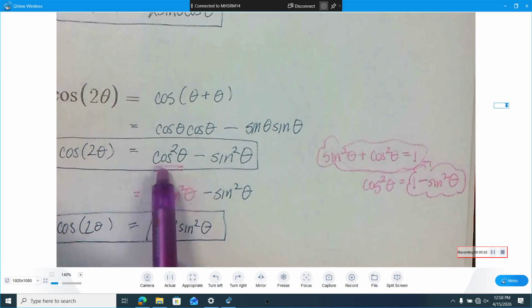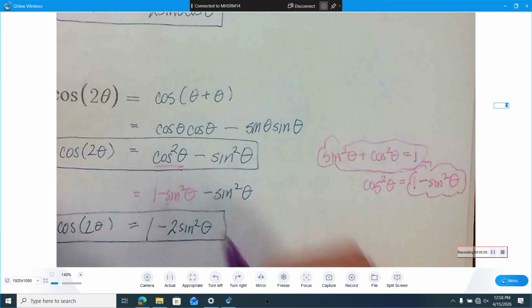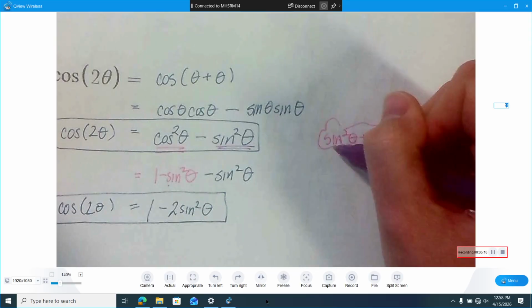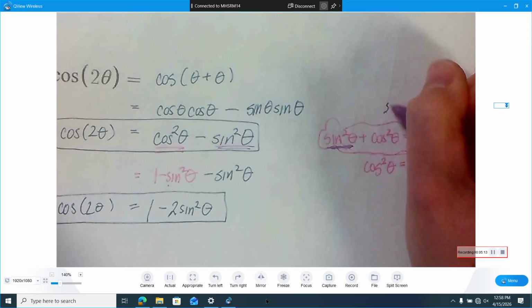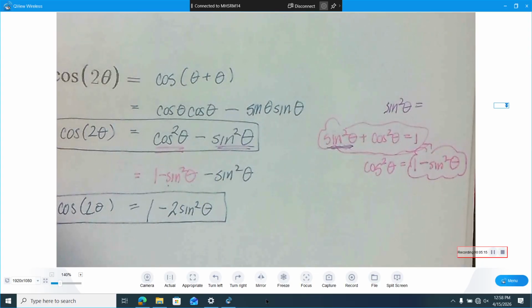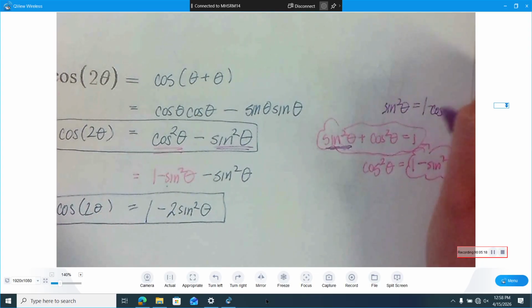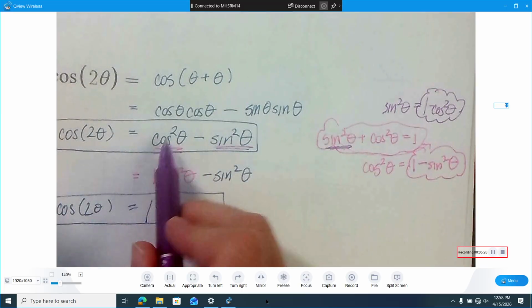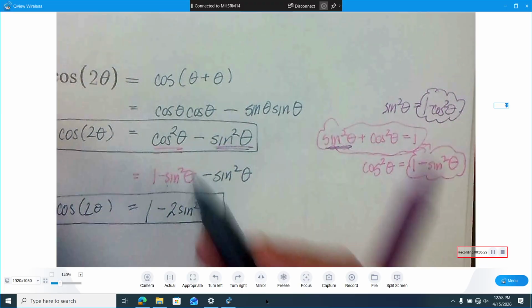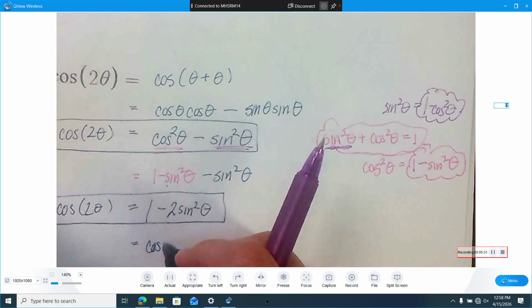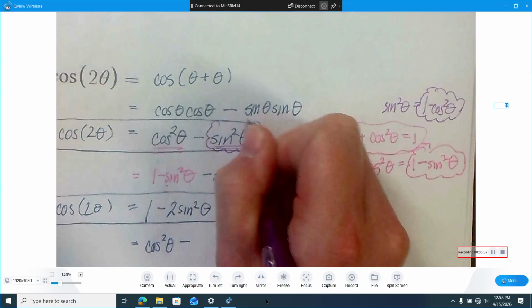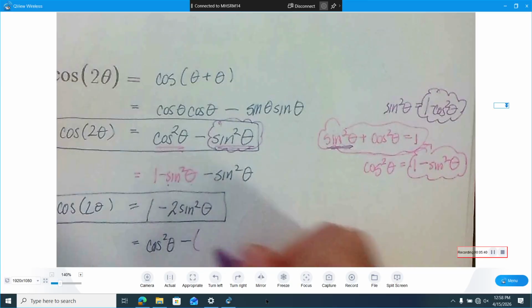And we have a third, in fact. Because now, I suppose I could do the same thing and replace the sine squared. Yeah, sure. So I'm going to go back up, and if I get sine squared by itself, what is sine squared theta equal to? 1 minus cosine squared theta. So I'm going to do a little replacing now with 1 minus cosine squared. Back to my original, I have cosine squared theta minus, and then I'm replacing sine squared, so I have to use parentheses.